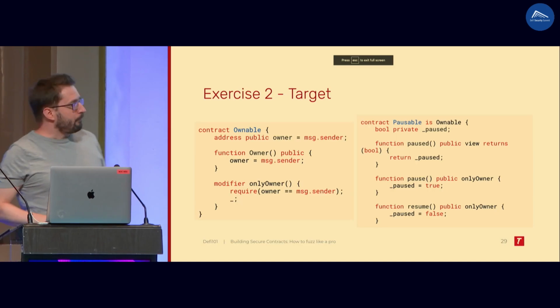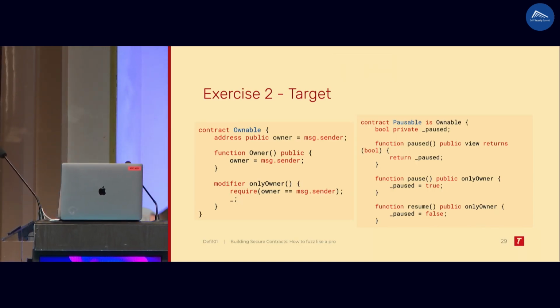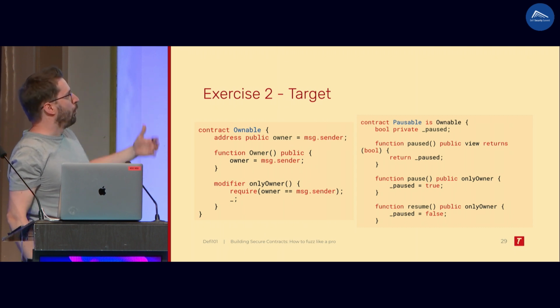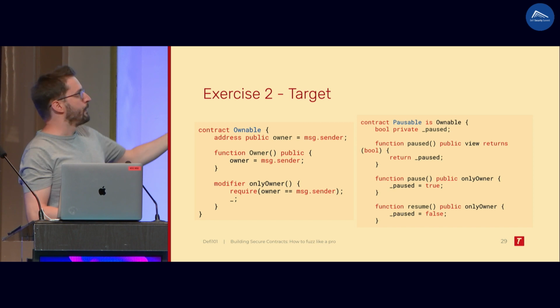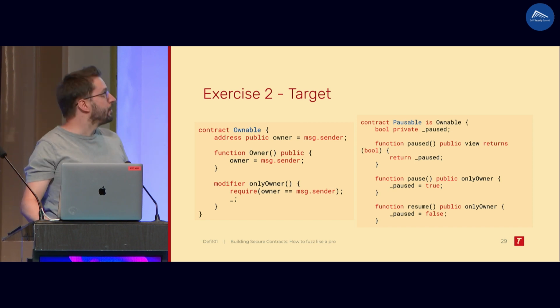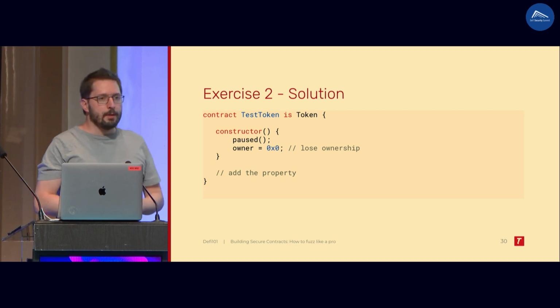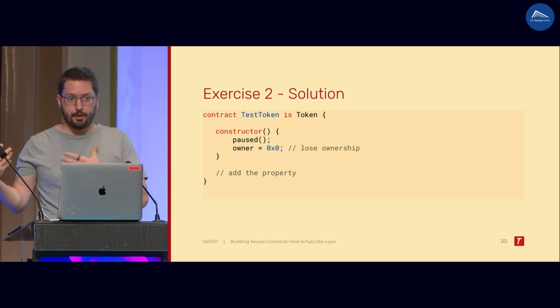Okay. So here we have a contract with multiple functions. We have a feature where the owner can pause and unpause the system. There is an onlyOwner modifier, and so on. So the question here is, can we deploy the system in a way that the contract is paused?